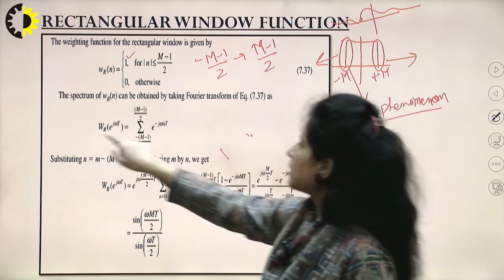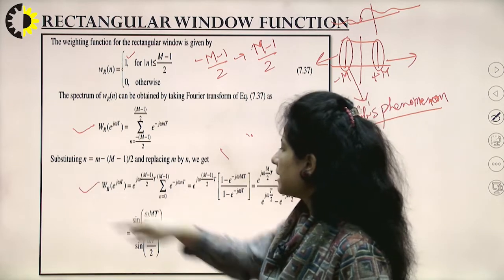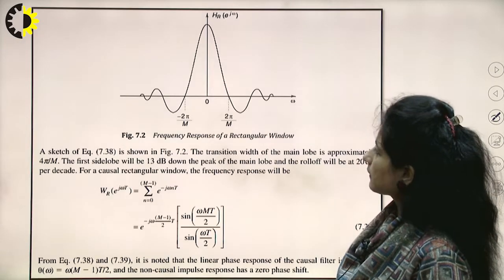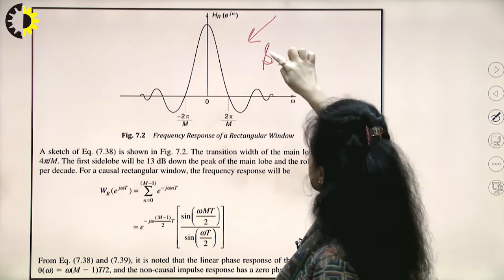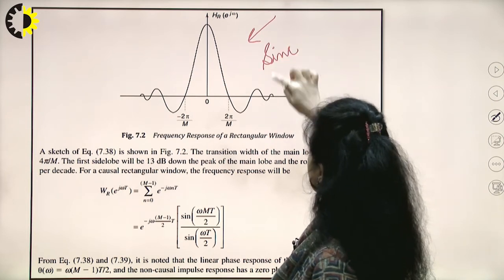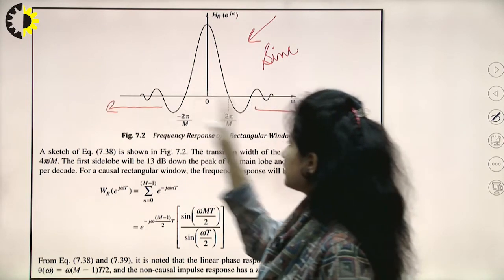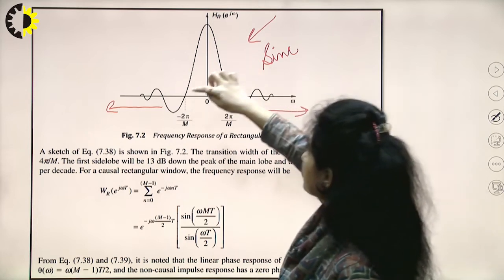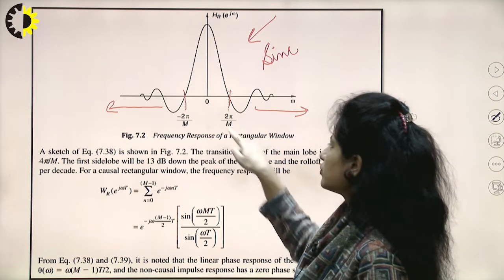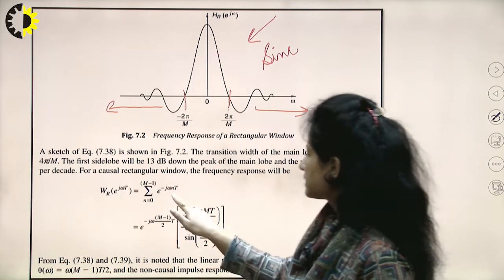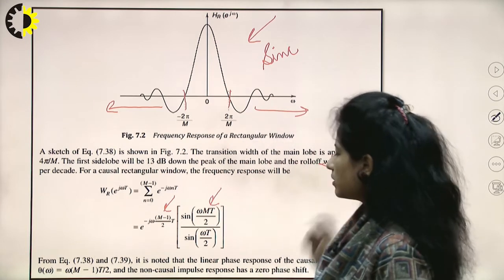Taking the Fourier transform of this sequence, I get a function that appears like a sinc function, where the stop band oscillations range to infinity. But we are interested in the main lobe, whose width ranges from minus 2 pi by M to 2 pi by M. This is the phase response, and this is the magnitude response for this window function.